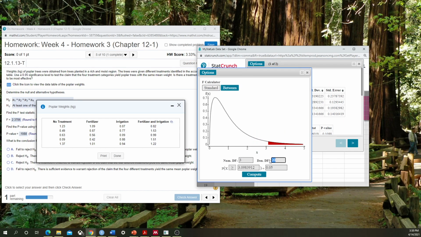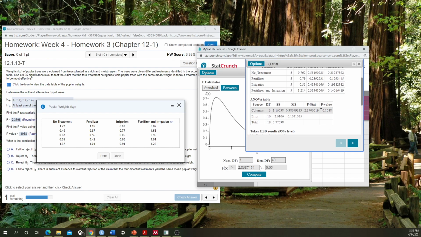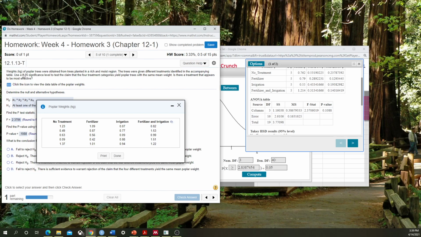Essentially, I have to continue to increase the number of people, or trees in this case, in each group, in order to continue to drive my critical F down, so that it drives me closer to getting a p-value that is less than my significance level of 0.05.